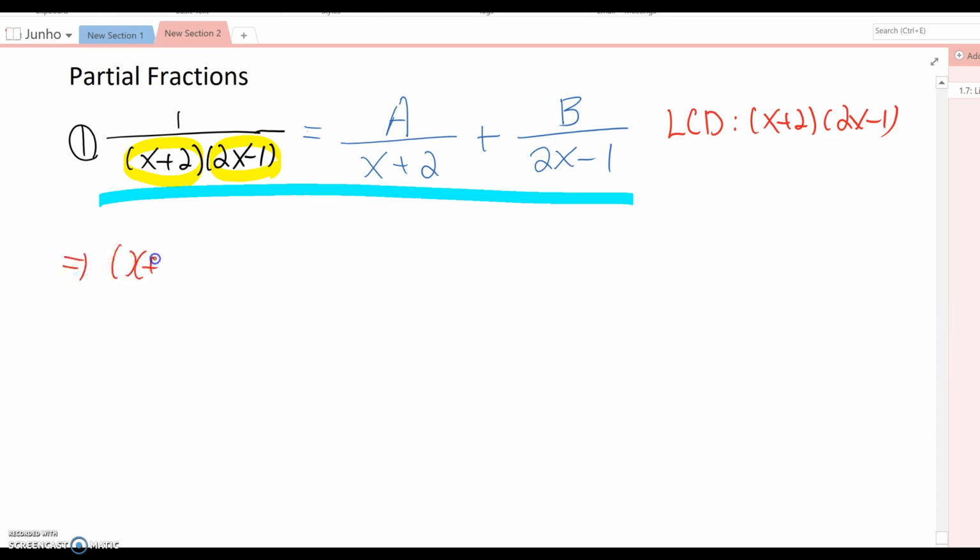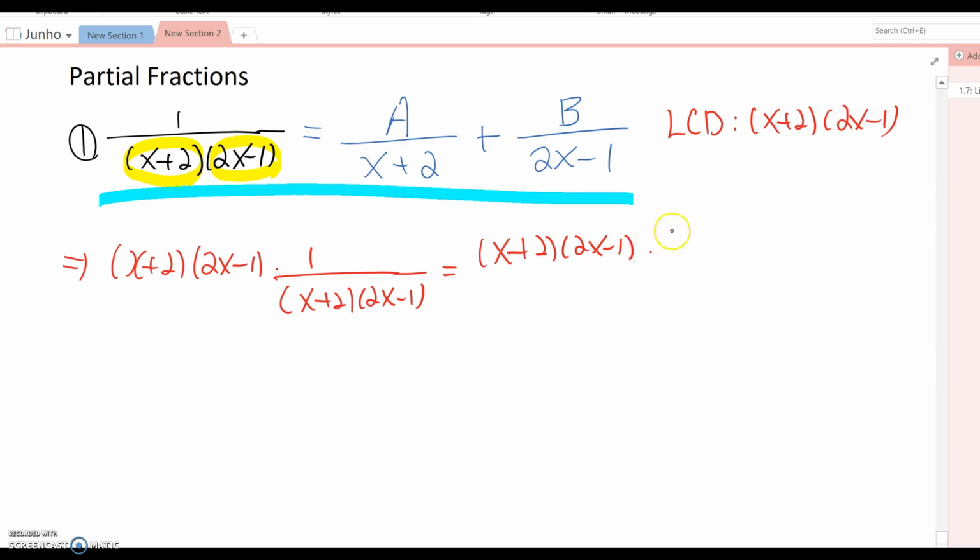(x plus 2) times (2x minus 1) times 1 over (x plus 2)(2x minus 1), that equals (x plus 2) times (2x minus 1) times A over x plus 2, plus (x plus 2) times (2x minus 1) times B over 2x minus 1, like that.